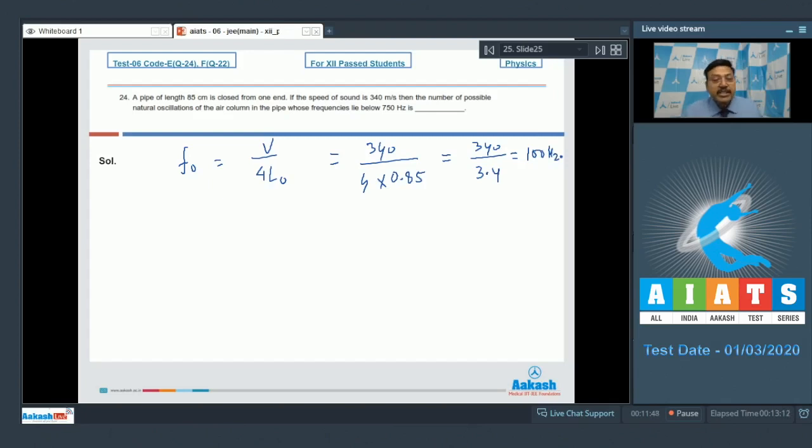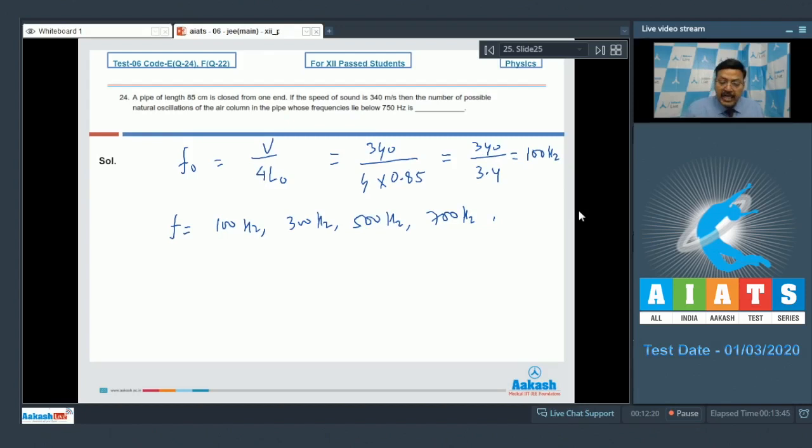So 100 Hertz is the fundamental frequency, and it's a closed pipe, so it will only have the odd multiples of the fundamental frequency as its natural frequency. That means the frequencies which are allowed are 100 Hertz, then 300 Hertz, then 500 Hertz, then 700 Hertz, 900 Hertz, and so on.